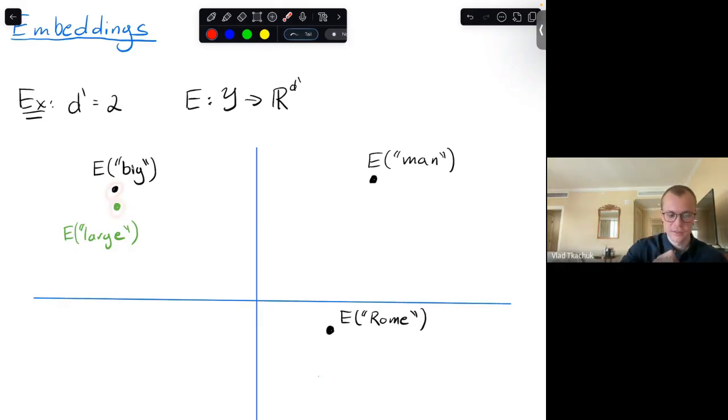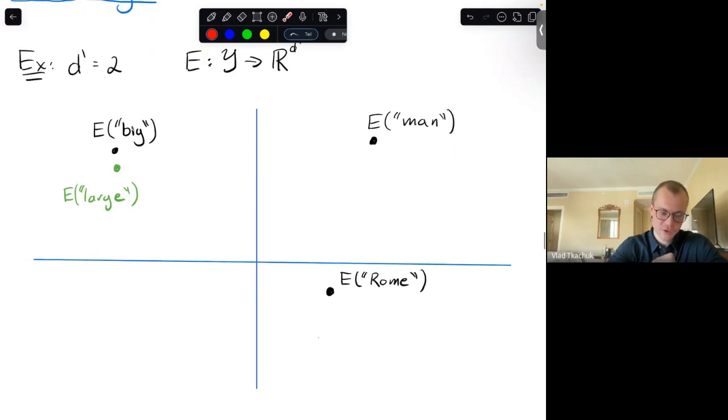And then it turns out that relationships between words also have a very nice kind of meaning. In particular, if you looked at the word man, this might be the embedding, just a vector in 2 dimensions. And let's say the word woman had some other representation after mapping through the embedding.